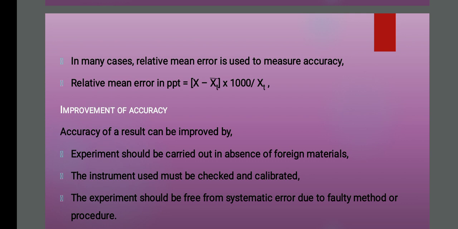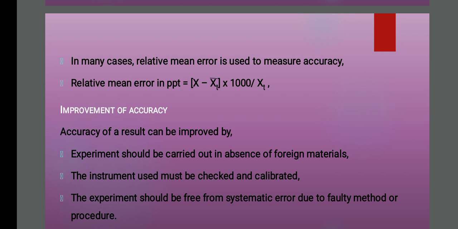Then they went on with relative error. As time went on, in most of the cases, what is found to be more accurate is relative mean error. So absolute error, followed by relative error, and then in most of the cases, accuracy is found to be correct only in the case of relative mean error.